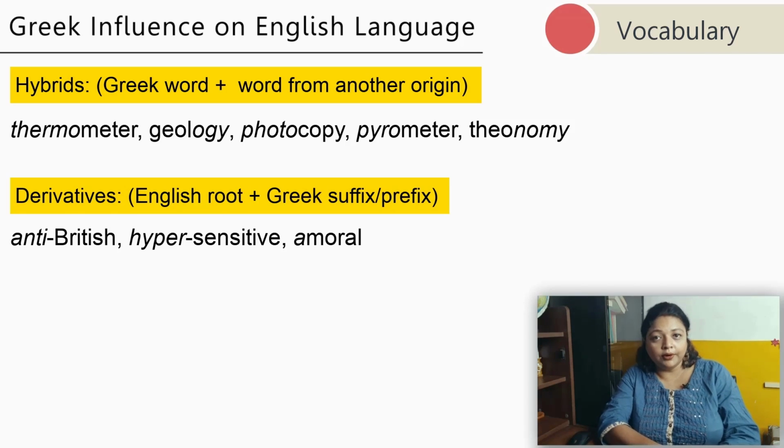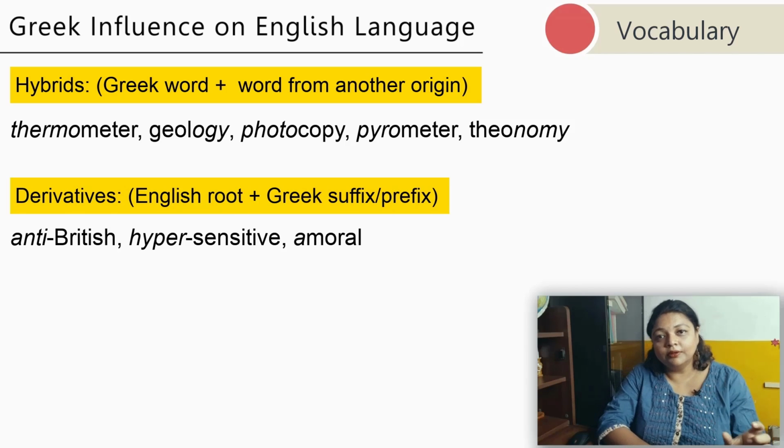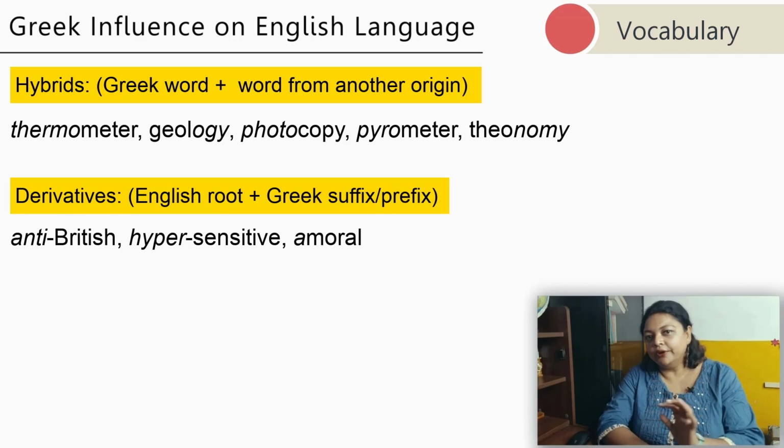Look at the word amoral or immoral. Using a as a negativizer, putting a and using it as non. Amoral means non-moral, not related to morality, that is amoral. That is also a way in which you are using a Greek prefix with a non-Greek word.